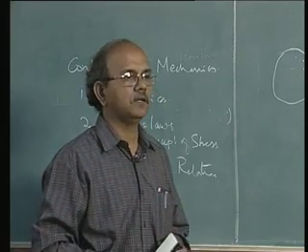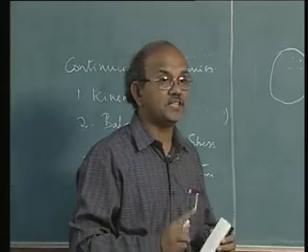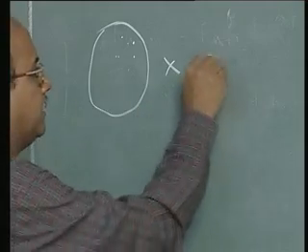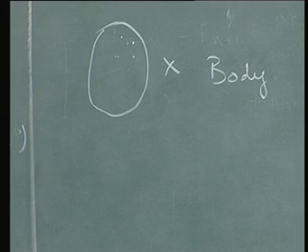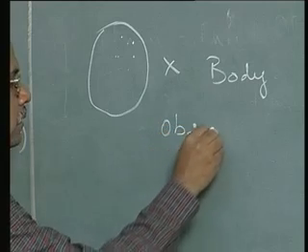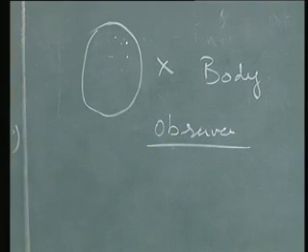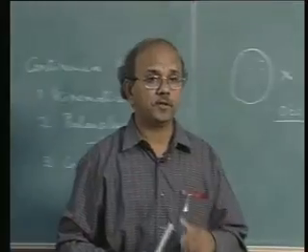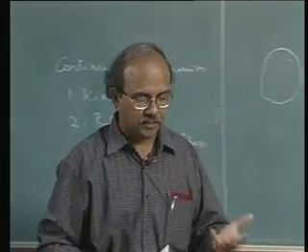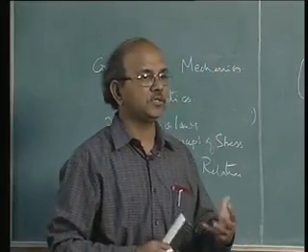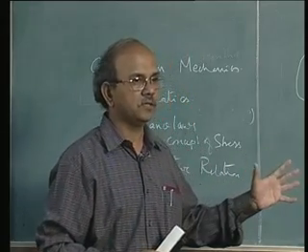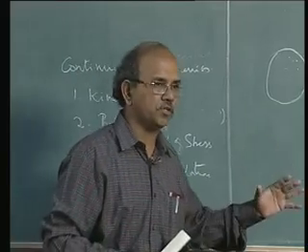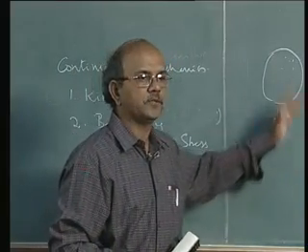Point number two, in order to study this body, that is the body of interest, we have a person called an observer. The observer is as important as the body, because ultimately the mathematical relationships that he is going to derive depend upon his position, his behavior, his motion, all those things, with respect to the body.